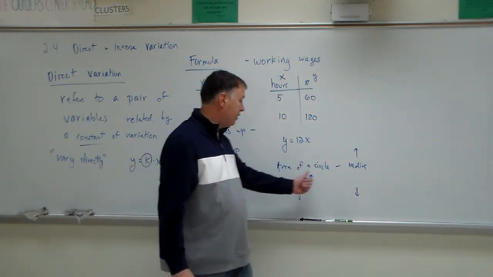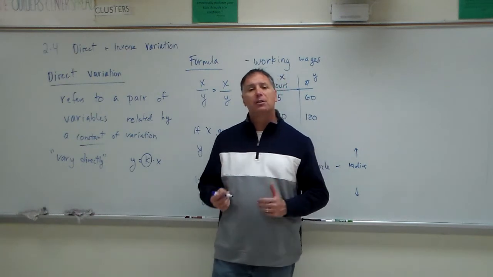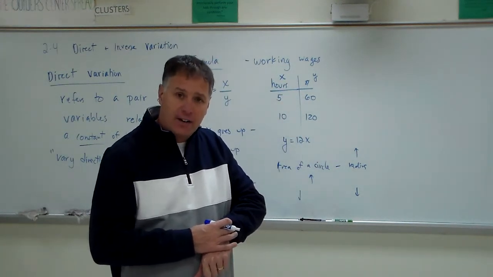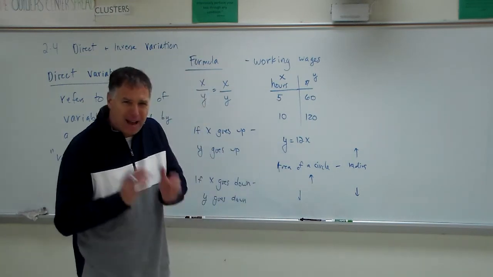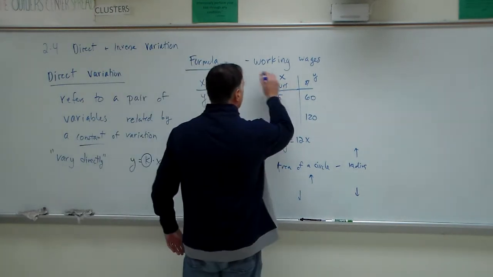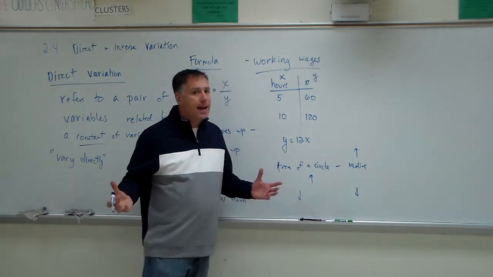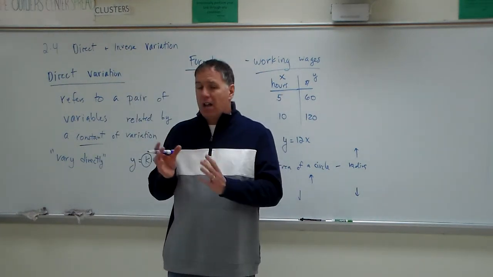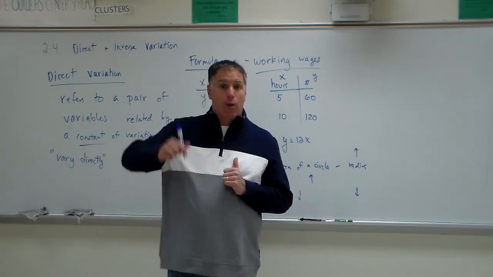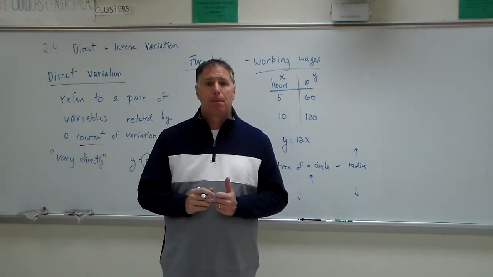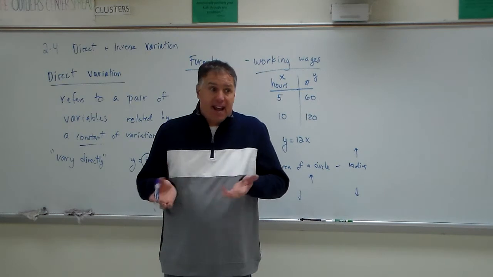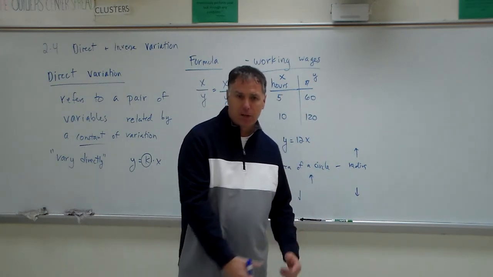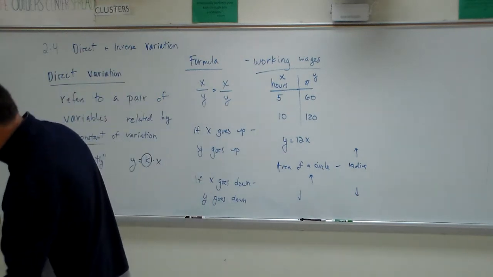So that's another pair of variables that are directly related, which is why we describe it with what's called direct variation. The best example I can give you is working wages, how people get paid. A lot of people get paid in dollars per hour. As your hours go up, your pay goes up. The next week you work fewer hours, then you get less pay. So let's look at an example.